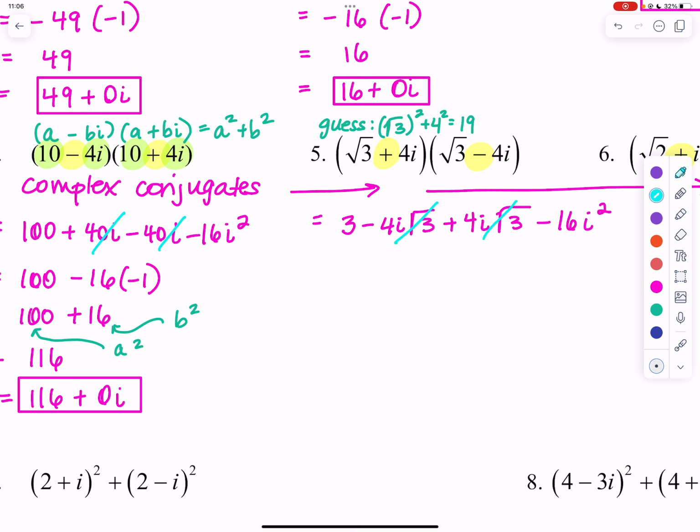The outer and the inner cancel, and we have 3 minus 16 times a negative 1. And we have 3 plus 16, that's equal to 19. And that was our guess.